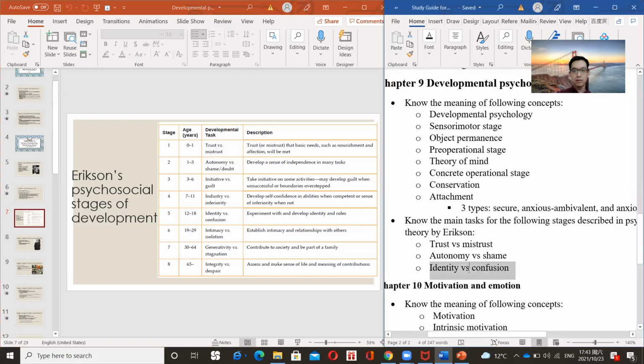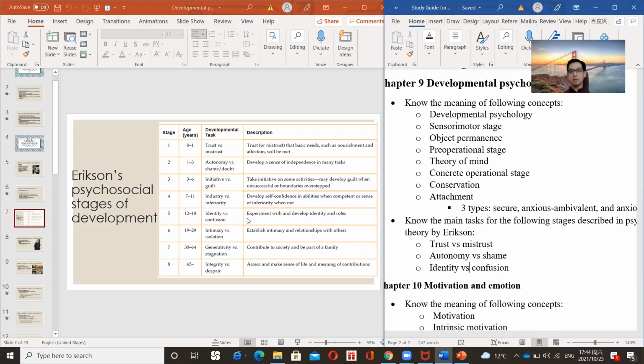The third one is stage 5. That is about the adolescent years, from age 12 to age 18. It's a stage where people need to try different social roles and build up their own identities in the society. So identity is the position in the society for that person, the role or roles in the society.